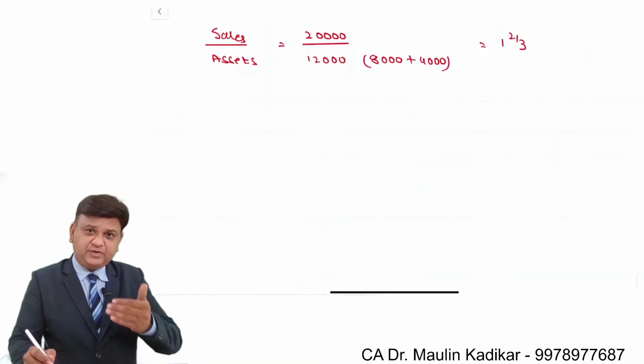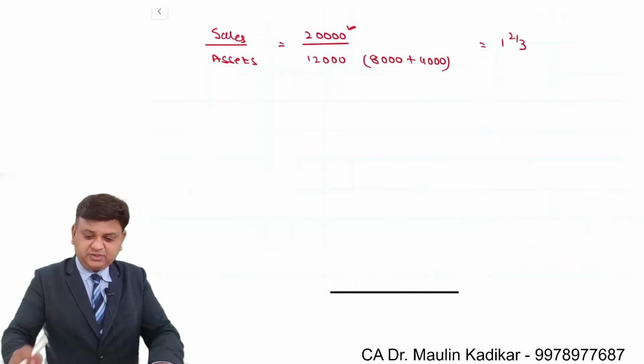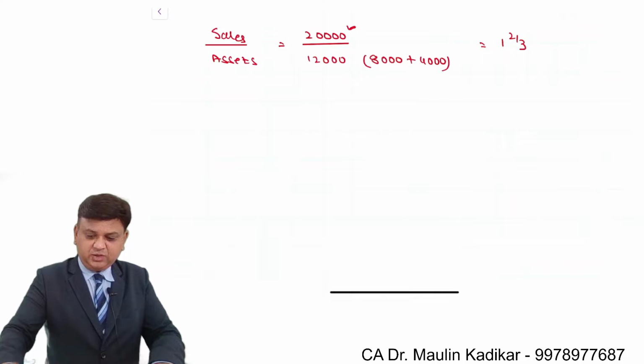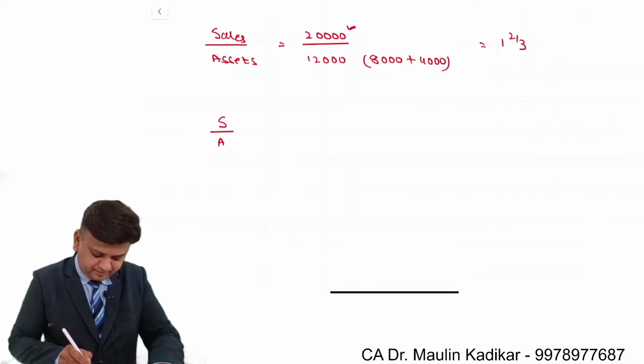Now at the end of the first year, what will happen? Sales of the company will increase by 20%. So use your calculator. 20,000 plus 20%, it comes to 24,000. So sales upon assets is equal to 1/2.